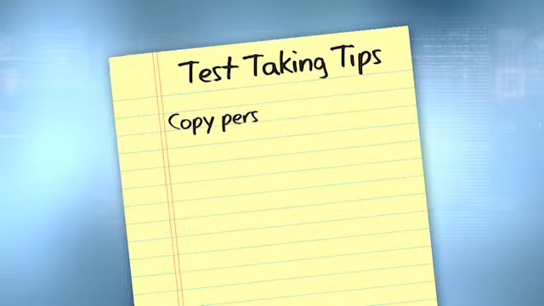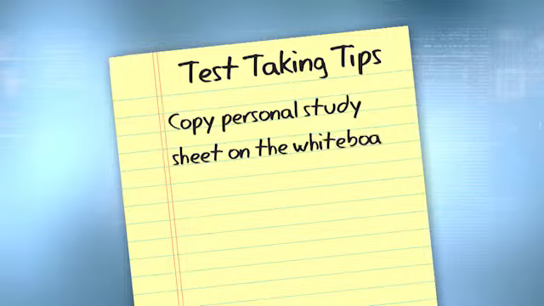You have probably created a personalized study sheet for yourself. I would take some time after the clock has started on the exam to take that information from your personalized study sheet and copy that on the whiteboard, and then use that to help you as you work through the exam, to kind of lighten the load on your brain as you move through the exam. Hopefully this test tip is valuable and will help you work through the exam.